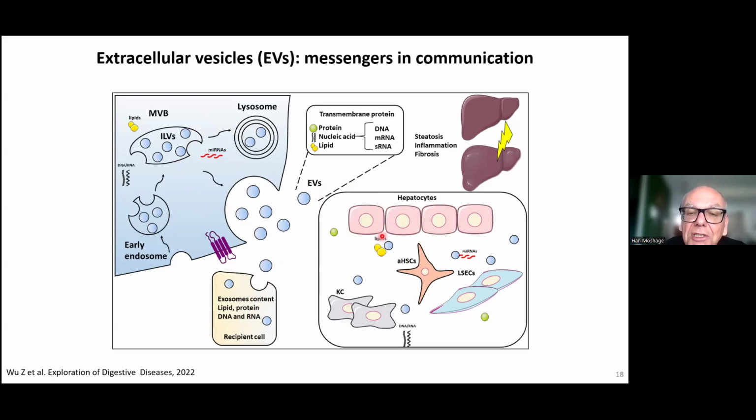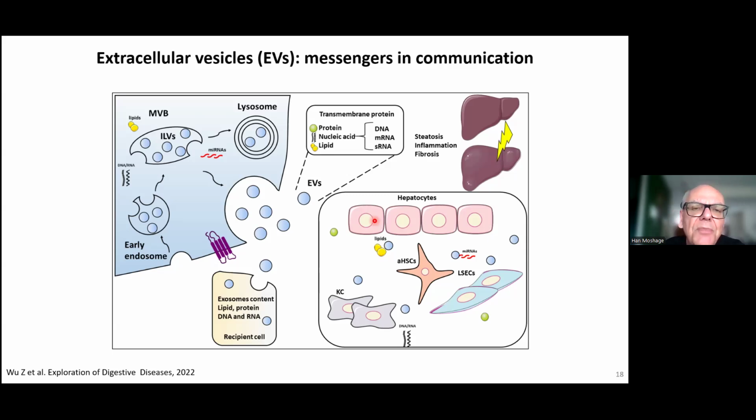And when they reach the target cells, their membranes fuse and the content of these vesicles is released into the target cells. This way of communication has been very much studied in the last 10, 15 years. And we think that it is a very important way of communication also in the liver, in the context of liver diseases.